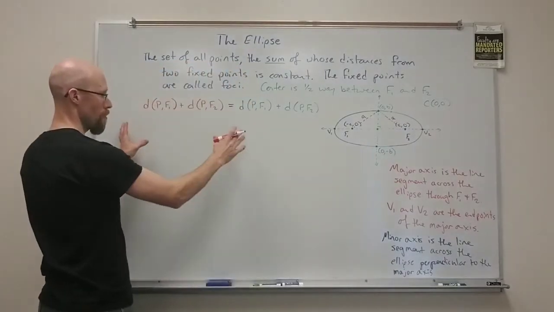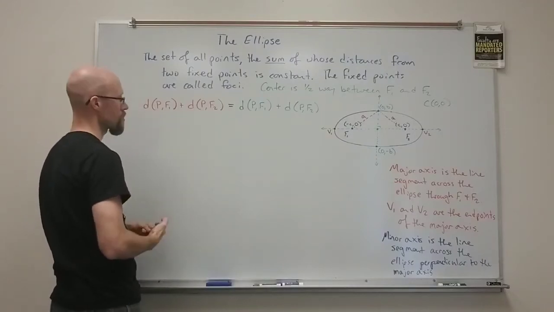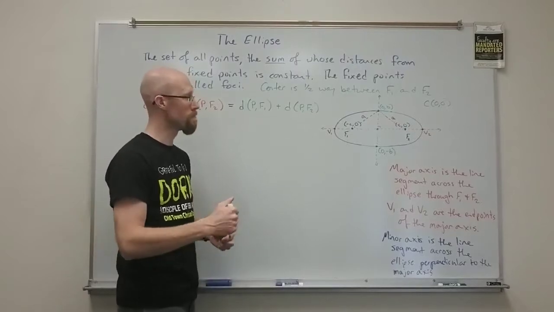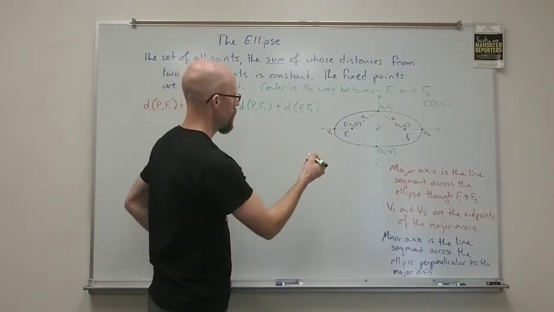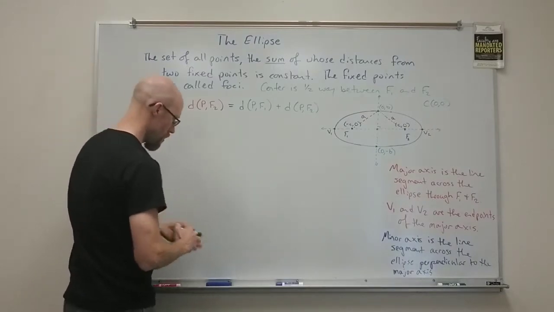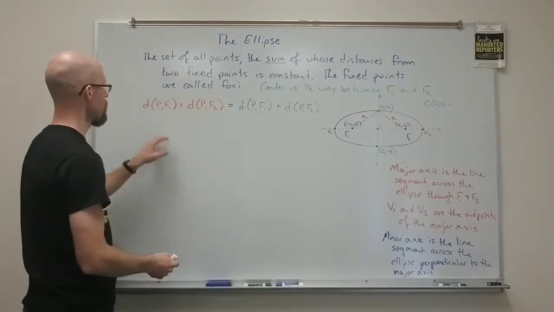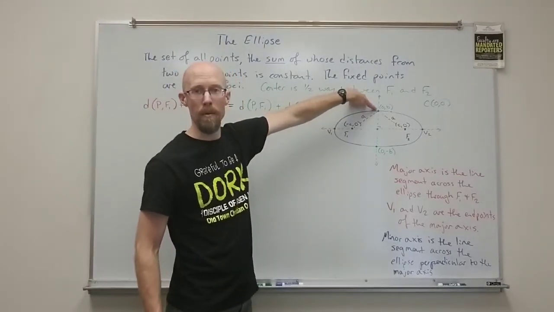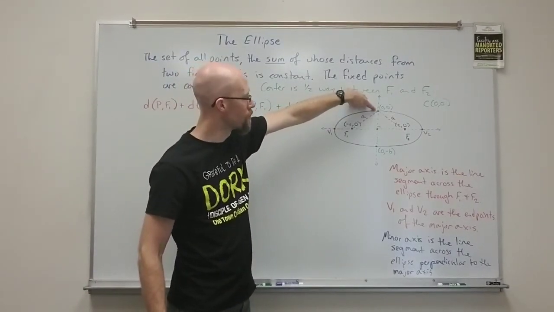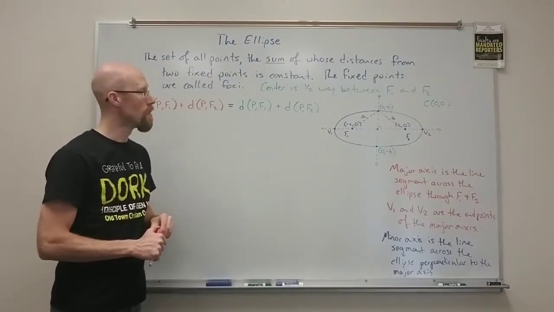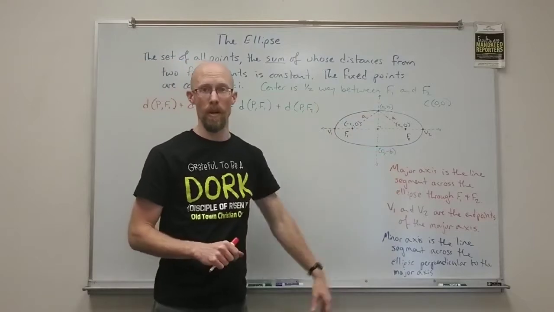So in our example here, that fixed sum must be 2a, by definition. And so, I can do the two distances, and I'm going to go ahead and go from this point up here at the top. It's kind of a convenient one to use, but I know that it's the same distance all the way around.